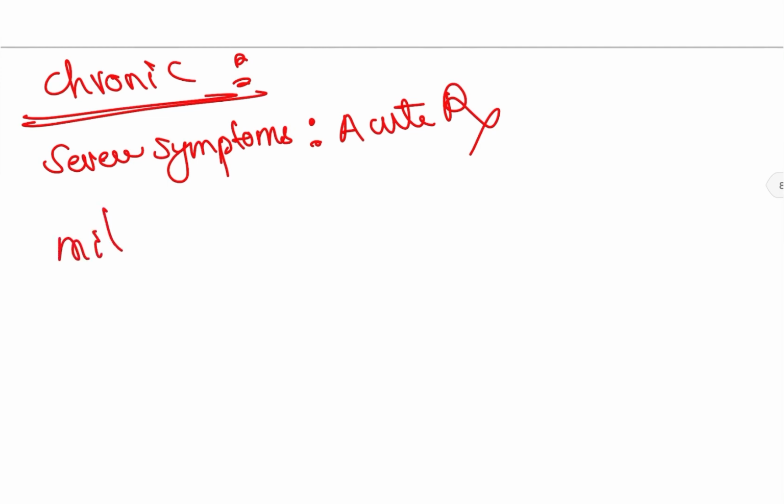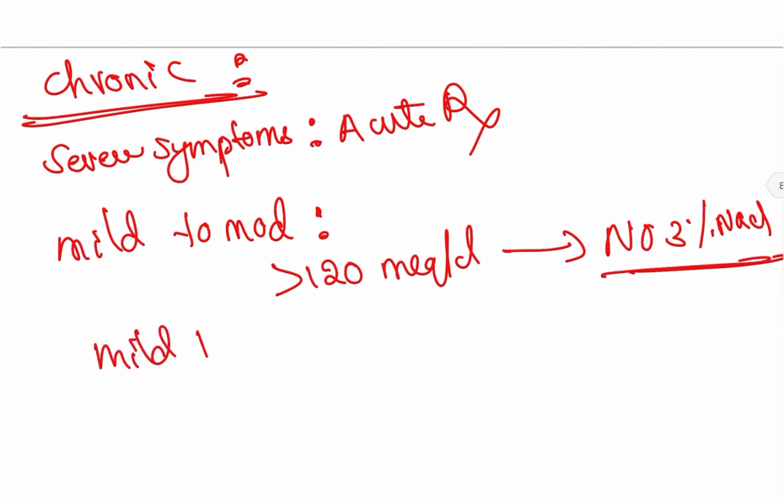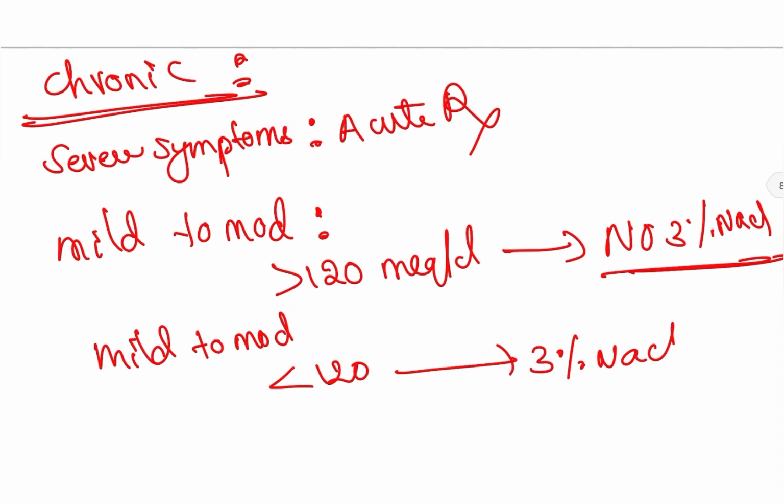Now, if the patient has mild to moderate symptoms, that is, without seizures and not completely stuporous with GCS 3/15, and the serum sodium is more than 120 millimoles per liter, then no 3%. If the patient has mild to moderate symptoms but the serum sodium is less than 120, then 3% NaCl.